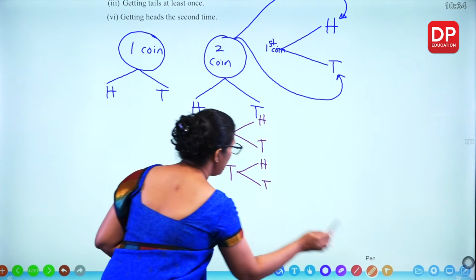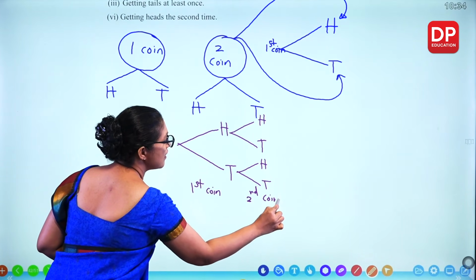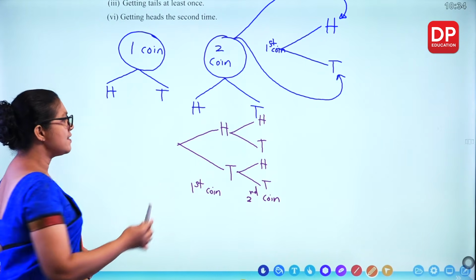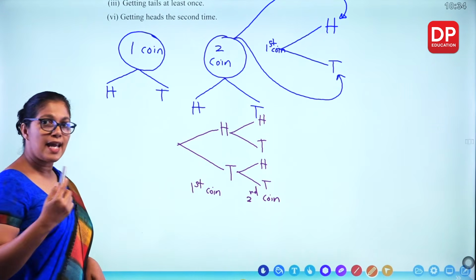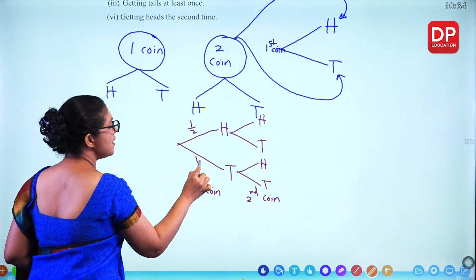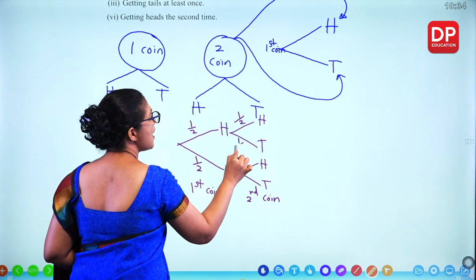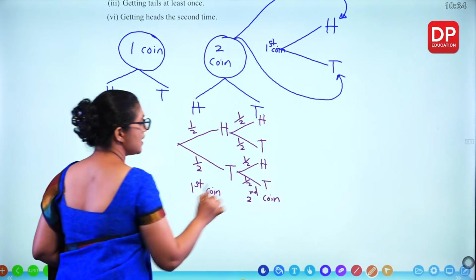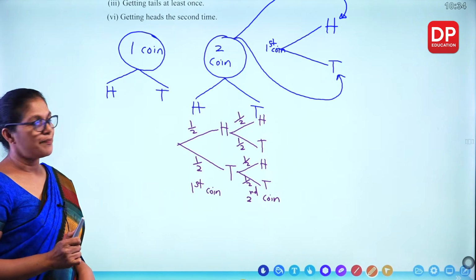I can label this one as second coin. Now we can show the probabilities on top of the branches. What's the probability of getting head? Half. So we can write down the probabilities on top of the branch. Every time the probabilities are equal, so you can write half here. So this is a full tree diagram.